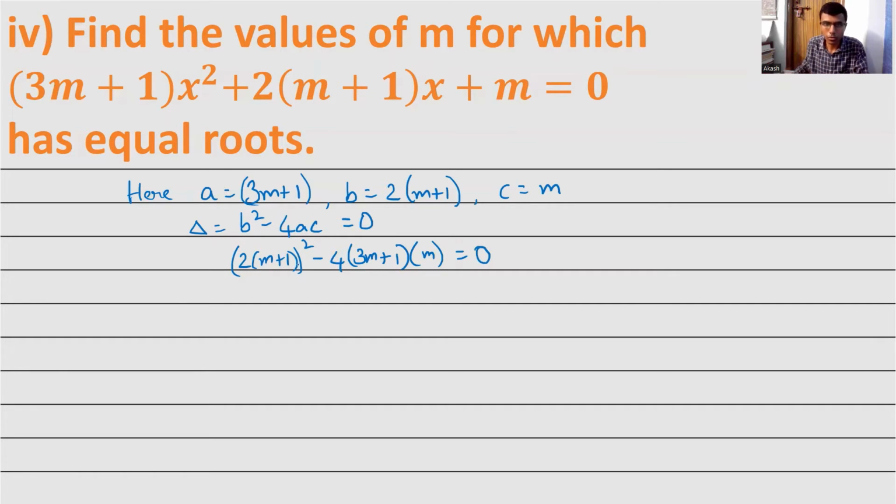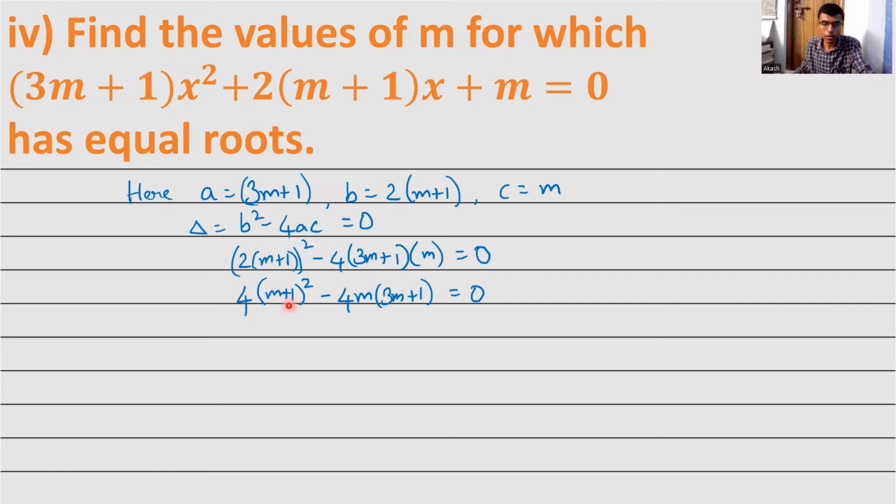So this would be nothing but 2 square into m plus 1 whole square, the first term. 2 square is nothing but 4 times m plus 1 whole square minus 4m into 3m plus 1 is equal to 0.